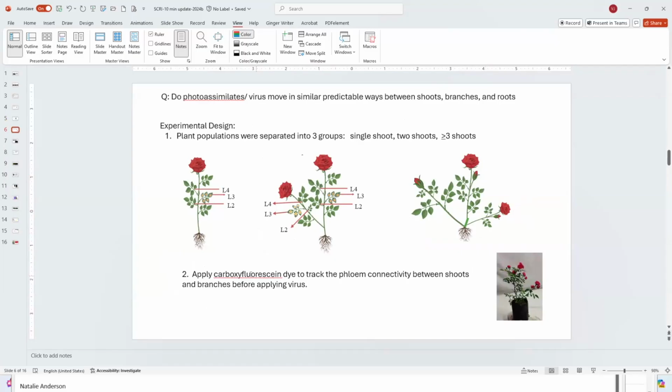Then using carboxyfluorescein dye to track phloem connectivity between different shoots has helped us predict where virus is moving or restricted in these young rooted cuttings, which would be a wonderful way to help us develop screening technology for resistant germplasm also, if we can do this type of test in rooted cuttings.